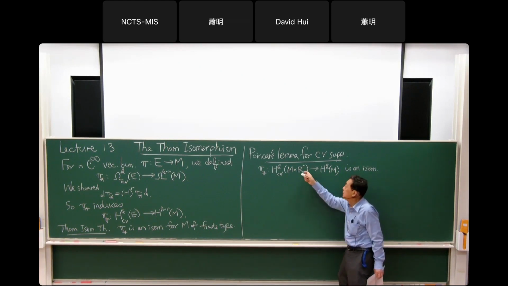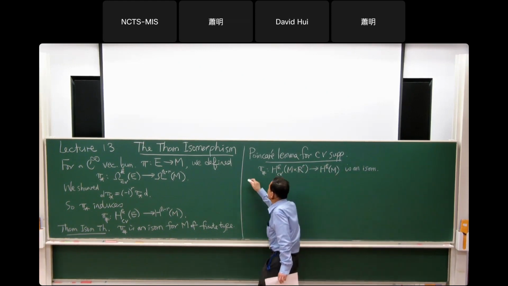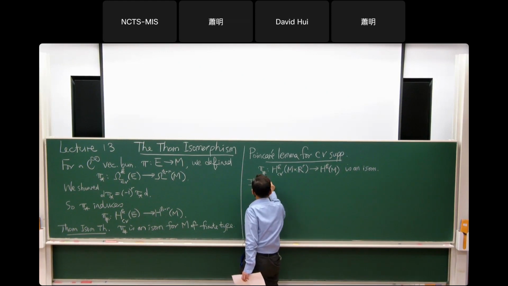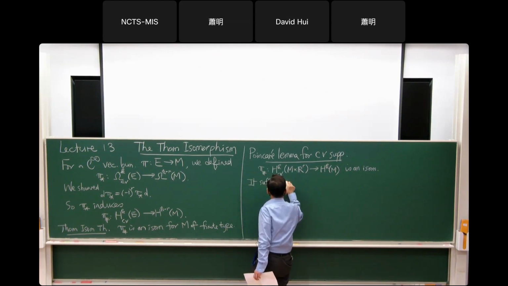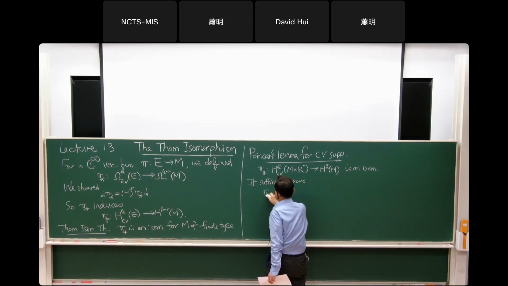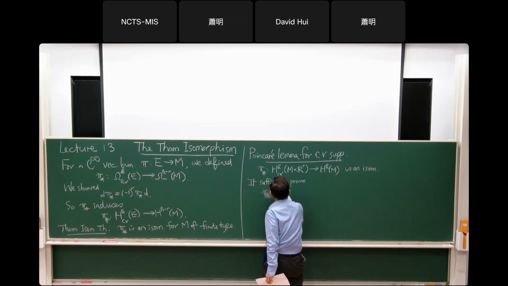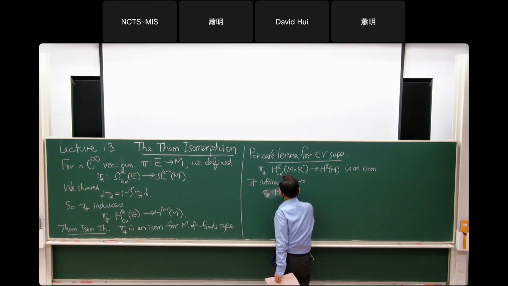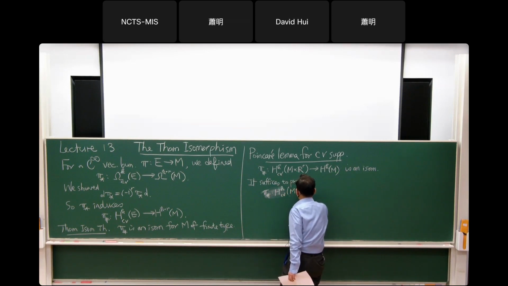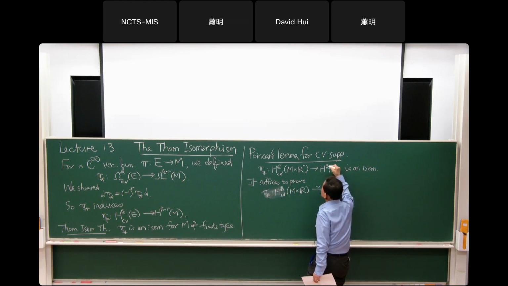Now, actually, to prove this, you can assume that r is 1, right? So it suffices to prove this. Oh, I should have a minus r here.